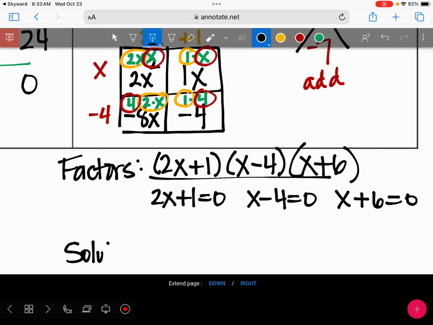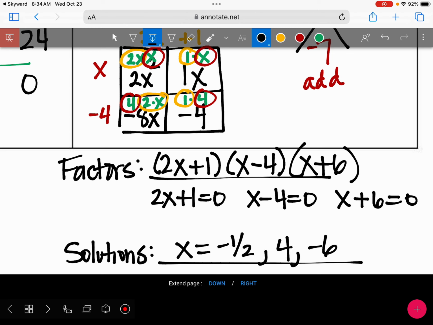One of your solutions is a fraction. So we get x equals -1/2. And then you should get a +4 and a -6. Who had those 3 answers?